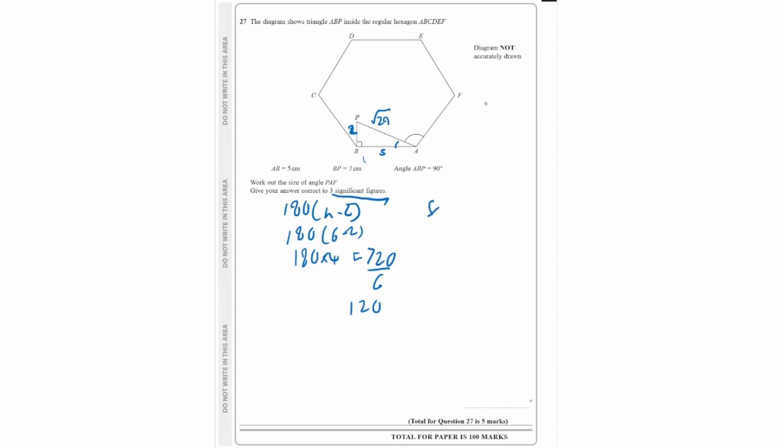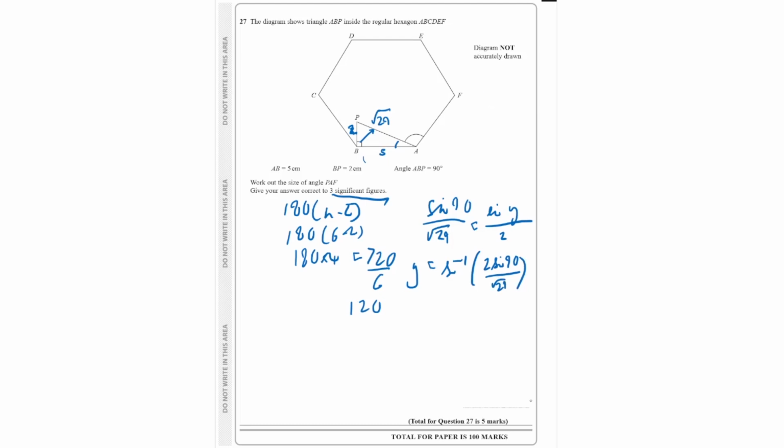We can see that sine 90 over root 29 must be equal to sine y, let's call this angle y, over 2. So if we simplify, we get y is equal to sine inverse of 2 sine 90 divided by root 29.